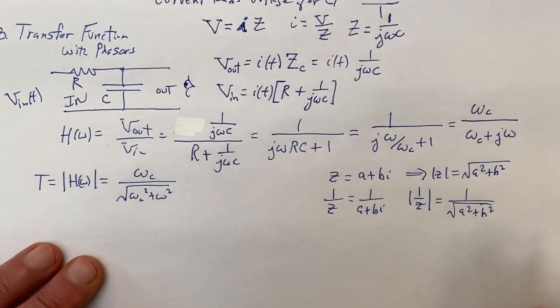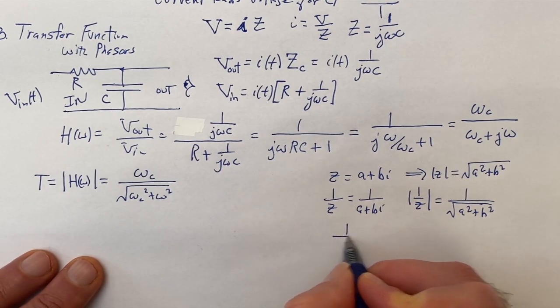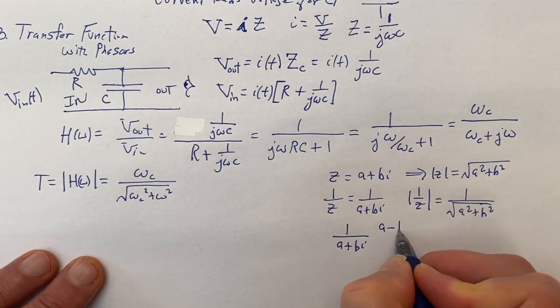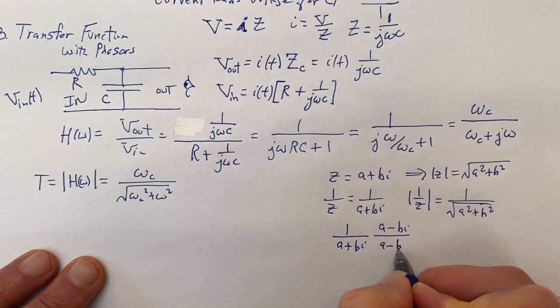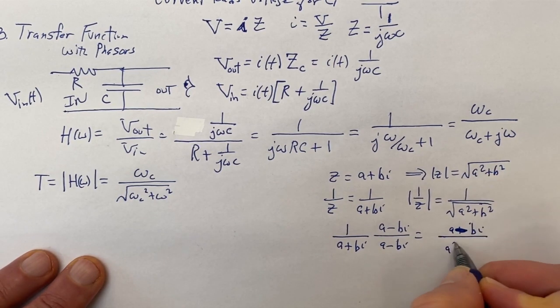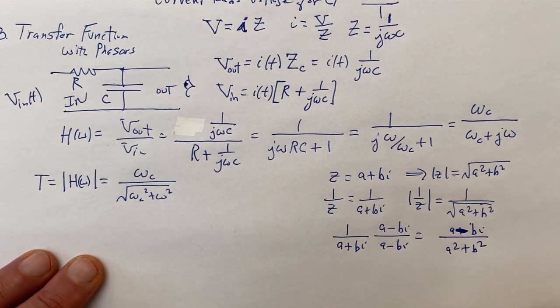So to show that specifically, for 1 over A plus Bi, you can multiply by the complex conjugate, and you get A minus Bi upstairs, and A squared plus B squared downstairs.